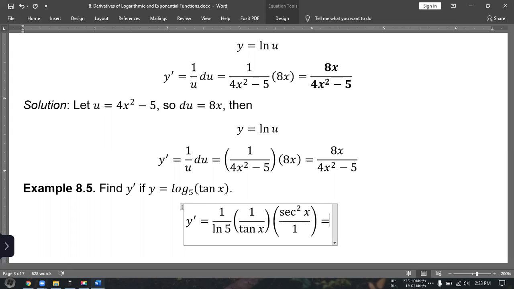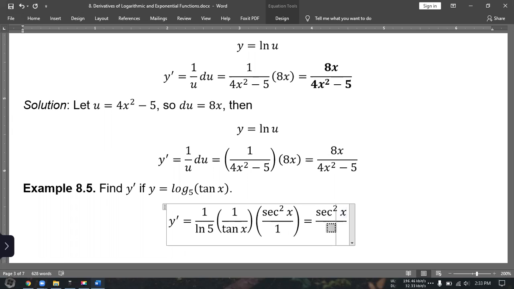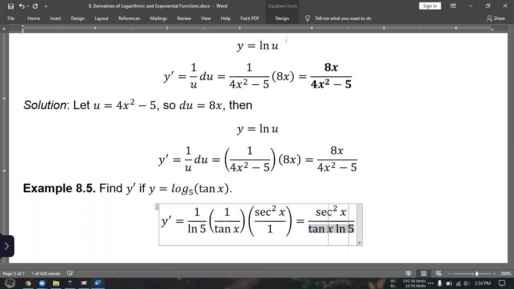That would be secant square x over, unahin natin na yung tangent, tangent x natural logarithm of 5. Secant square x over tangent x natural logarithm of 5.